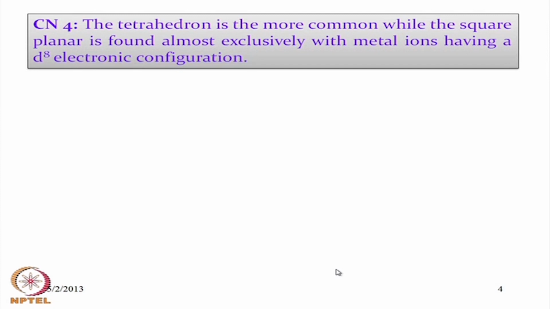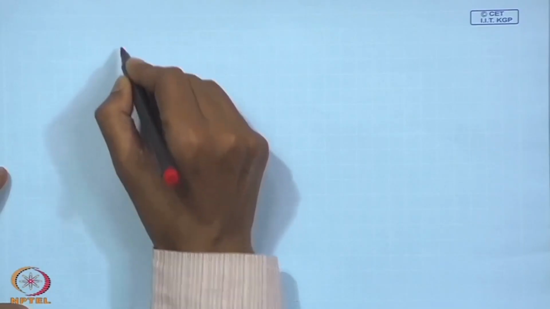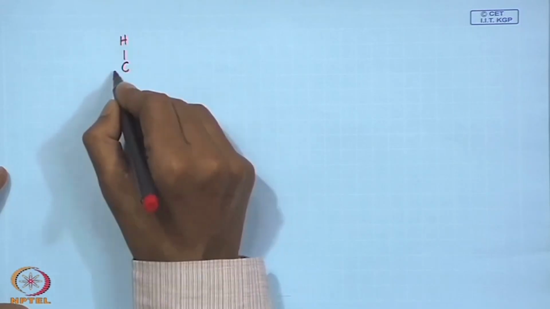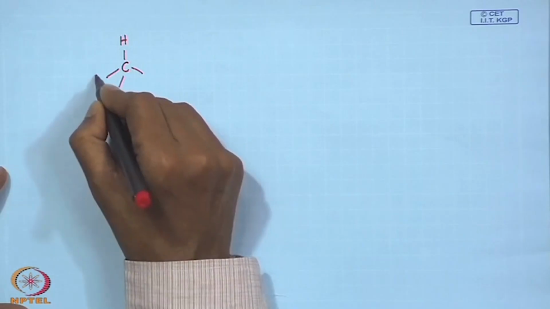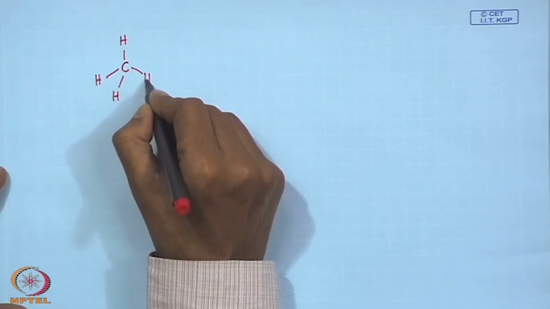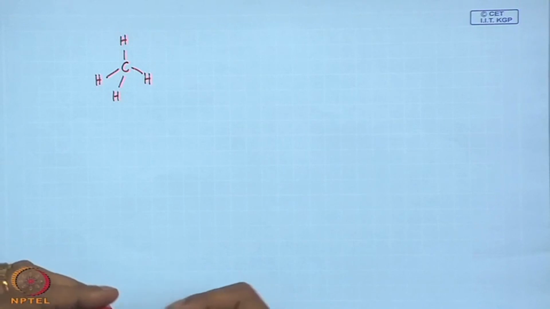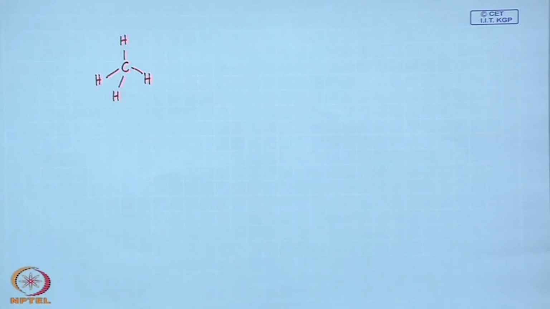Then we just move on to a typical coordination number which is very much available to us, the corresponding coordination number of 4. So once we have a corresponding coordination number of 4, we have in our mind the corresponding compound is the simple one which we are studying from our school days, the methane molecule. So if it is methane molecule, it will have a corresponding coordination number of 4.